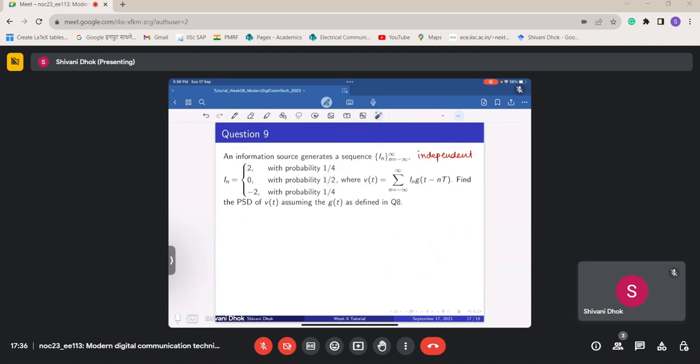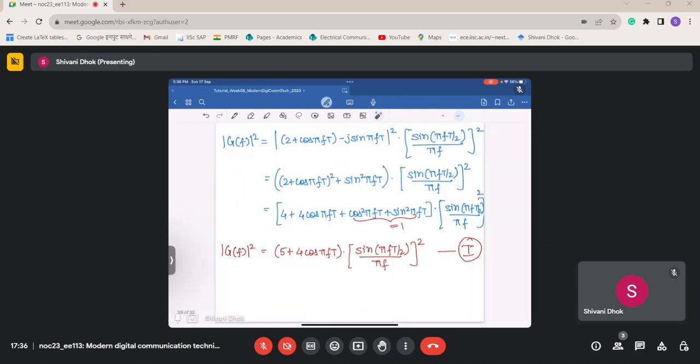Now the information bearing signal is given by this equation: V(t) is equal to the sum from n equals minus infinity to infinity of I_n g(t minus nT), and we need to find the PSD of the signal V(t). What we need to do is assume this g(t) as defined in this question 8.